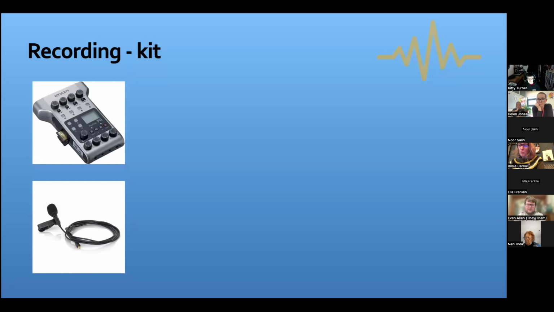I must confess I've never used the function on mine personally, as I prefer to have control of that in the resulting edit. And you can use this kit for recording up to 4-person spoken word recording.